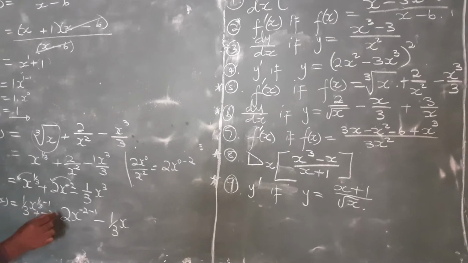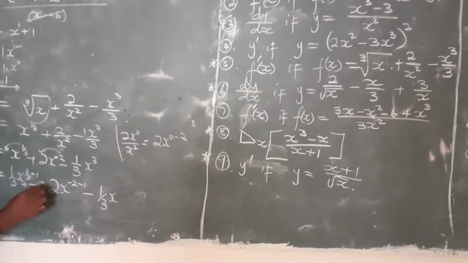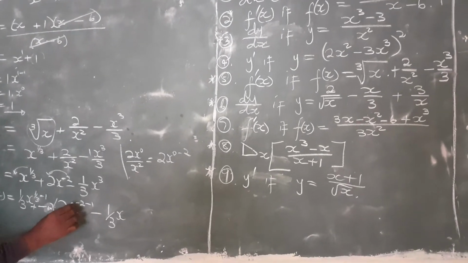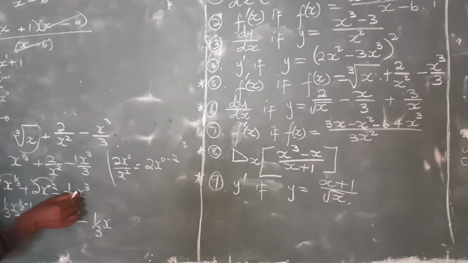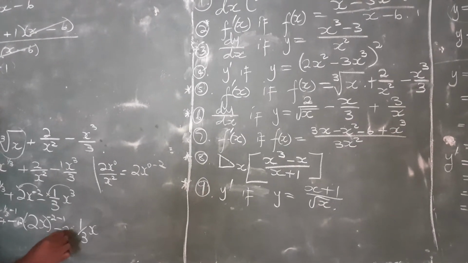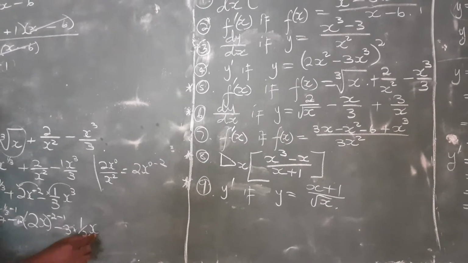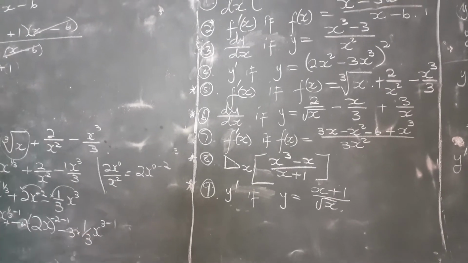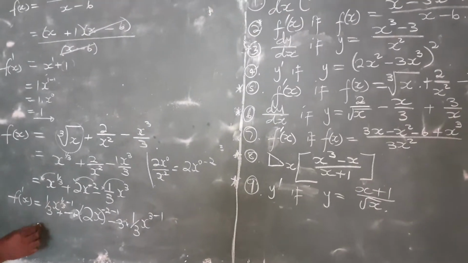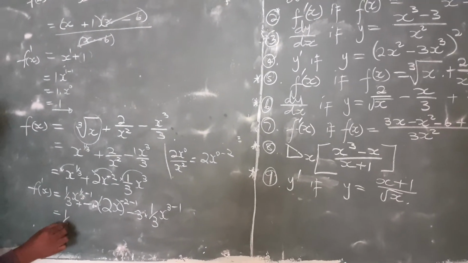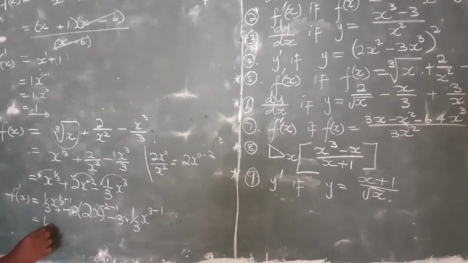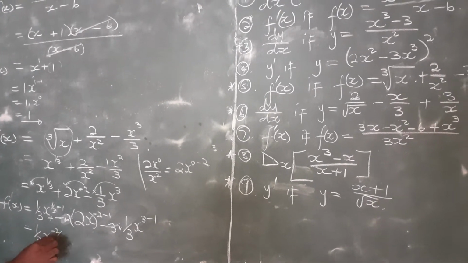That is negative 2 times that, and take off 1, right? This one will be this multiplied by that, it's negative 3 multiplied by that, and that is 3 minus 1, right? Now here I will have 1 over 3. 1 over 3 minus 1 is x to exponent negative 2 over 3.